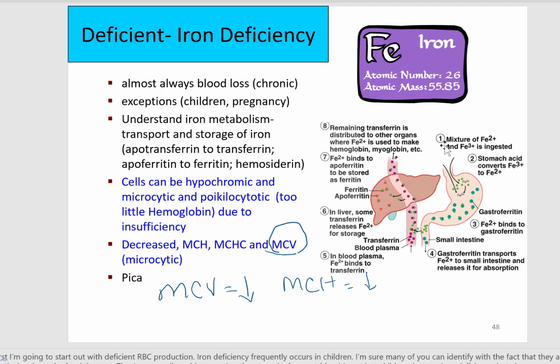I'll remind you that MCH stands for mean corpuscular hemoglobin. Mean corpuscular hemoglobin should be, under normal levels, 32 picograms. Their mean corpuscular hemoglobin concentration would also be down. I'll remind you that mean corpuscular hemoglobin concentration should be 34%.